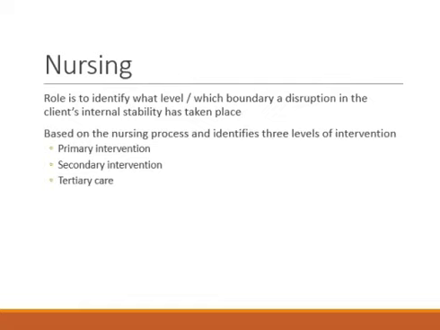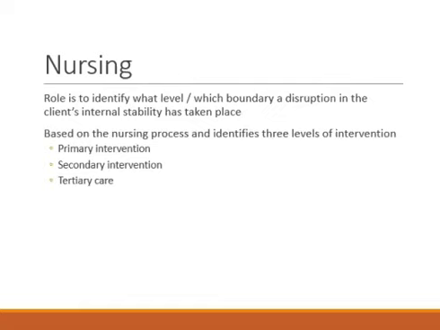So, based on the nursing process, there's 3 levels of intervention. We have primary, secondary, and tertiary care. So, the main goal of a primary intervention is to prevent possible symptoms that could be caused by environmental stressors.